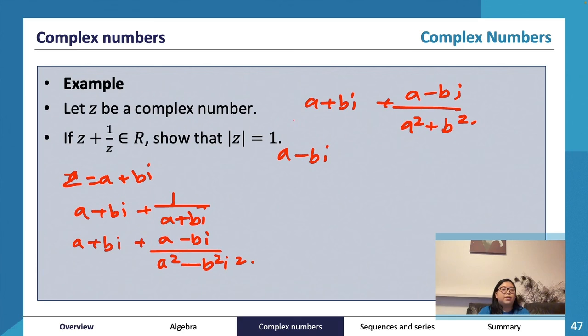There's also another way of approaching this. There's two ways to approach this.